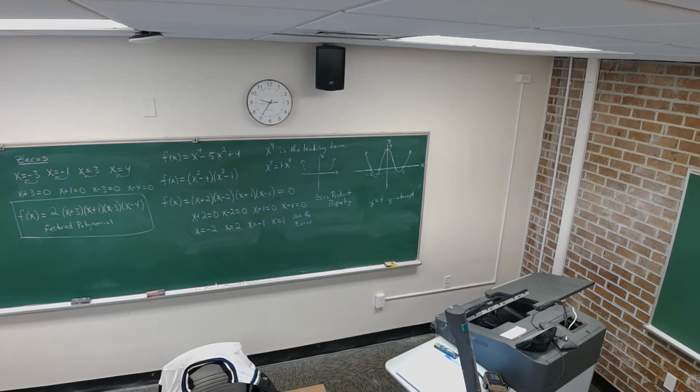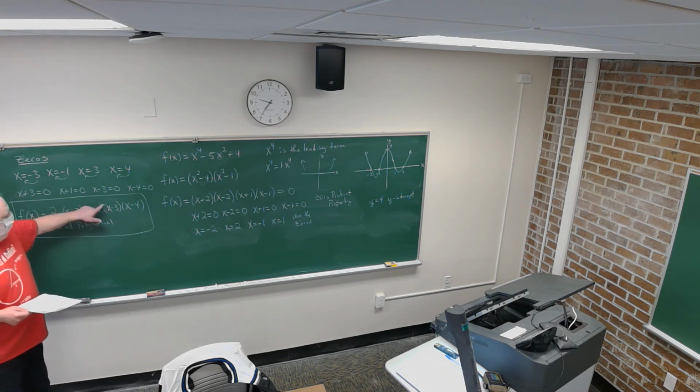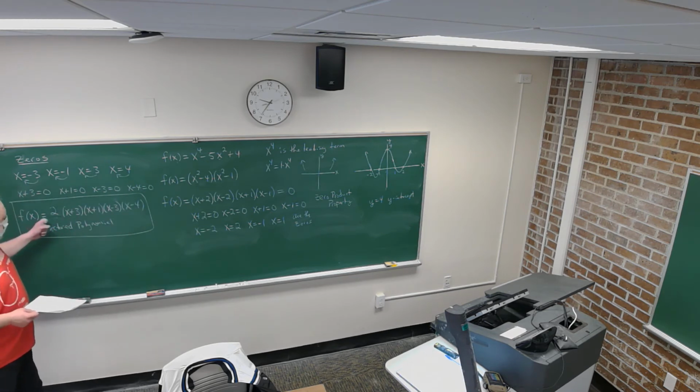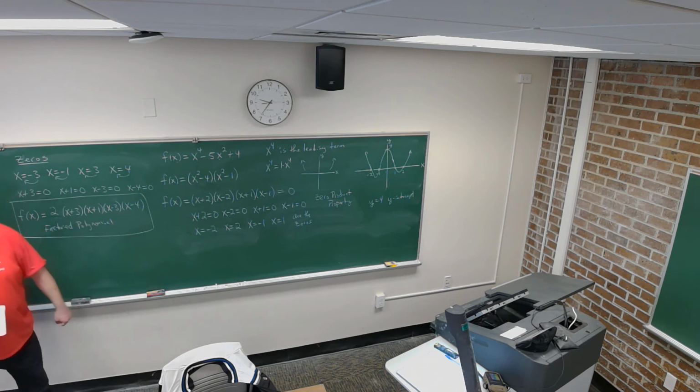So if the polynomial function f of x has a factor of the form x minus c to the k power, where k is an integer greater than 1, then x equals c is what we call a repeated 0, and we say it has multiplicity k. So in all our examples over here, the exponent on each of these factors is 1, and so none of these zeros are repeating zeros. They only occur once.